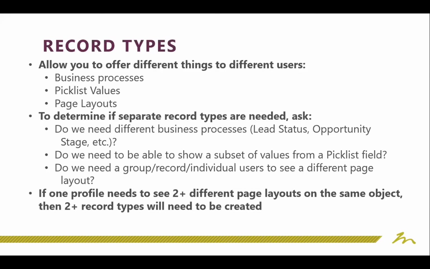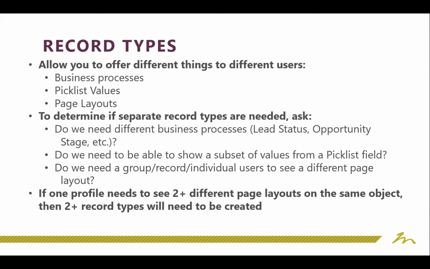So there are 3 questions essentially to ask yourself to determine if you need record types. Salesforce says, don't create record types just to create them. If you can create a page layout instead, always err on the side of page layout. But ask yourself, do we need different business processes for these different record types? So lead status, opportunity stage, and more.